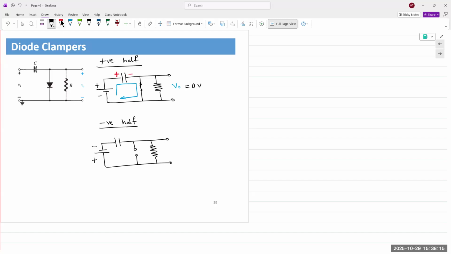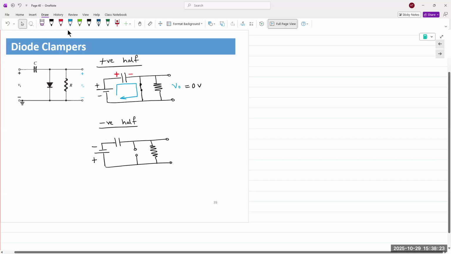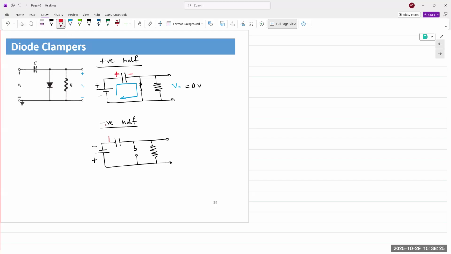And you have resistance R. So the capacitor VC and V in, or V in by 2 to be more accurate, because it's the half cycle.